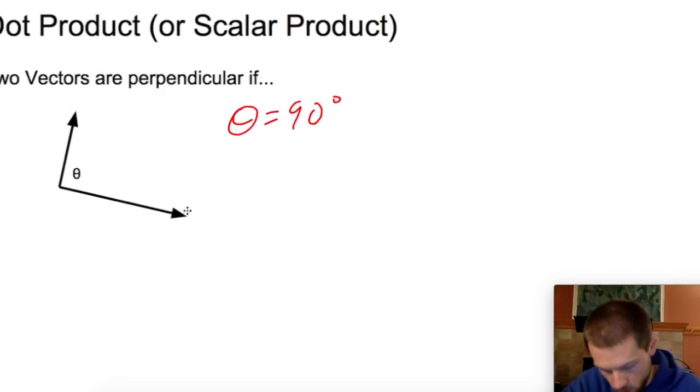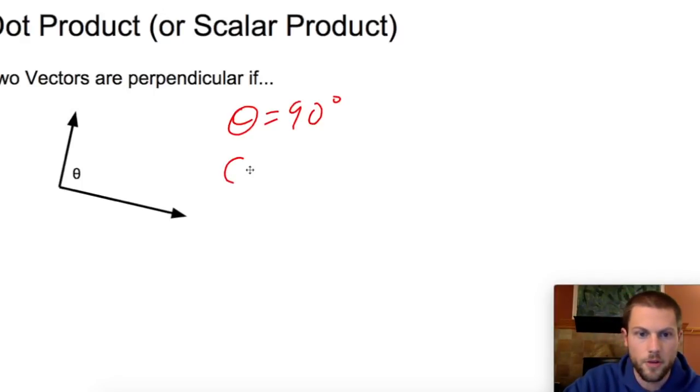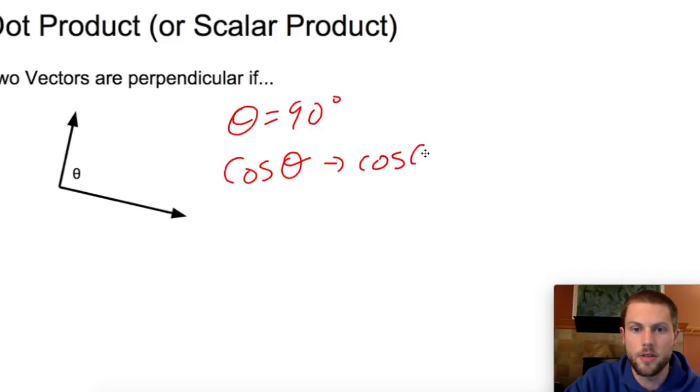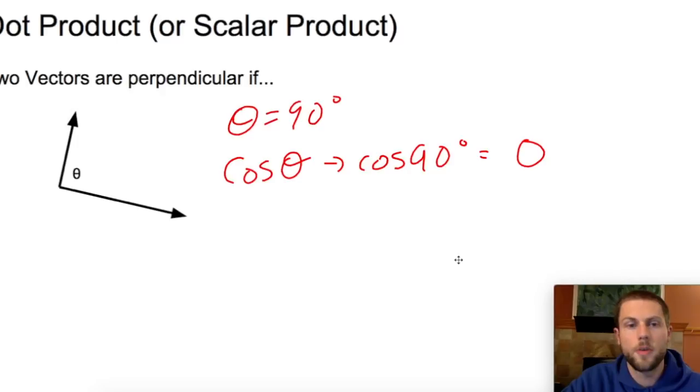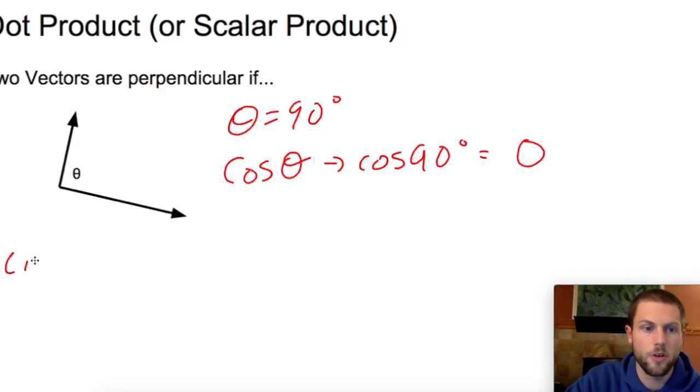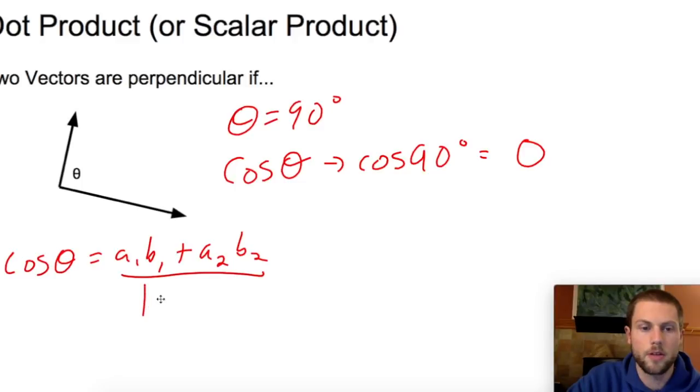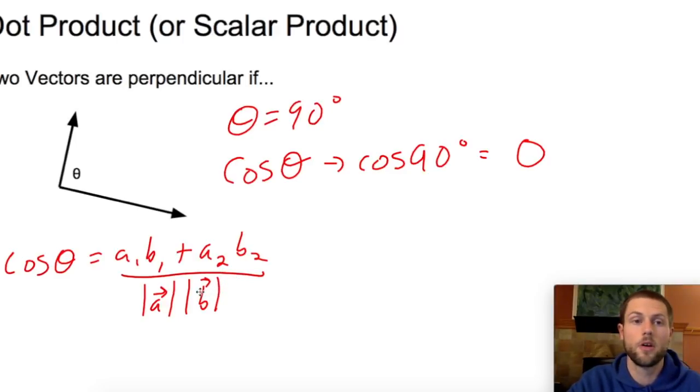We have a formula that solves for the cosine of theta, and we know that the cosine of 90 degrees, unit circle time, is 0. So if you use that formula, the cosine of theta equals a1 b1 plus a2 b2 over the product of the magnitudes of these vectors. If this all shakes out to be 0, you have yourself two perpendicular vectors.